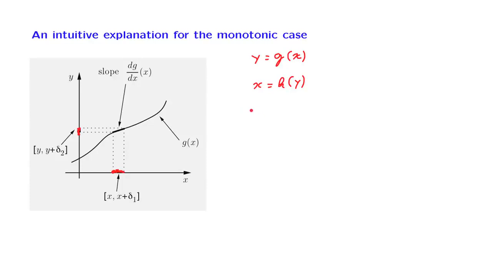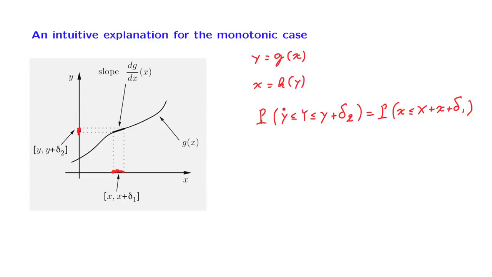And we can therefore write that the probability that y falls in this interval is the same as the probability that x falls in the corresponding little interval on the x-axis. This interval has a certain length delta 1, this interval has a certain length delta 2.